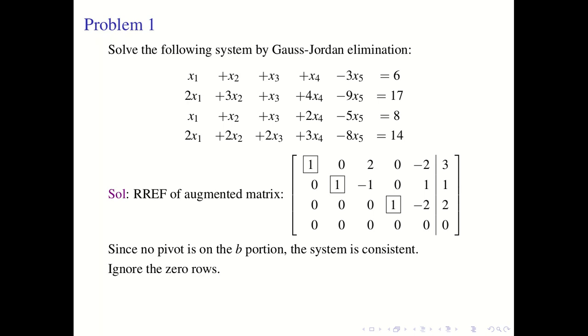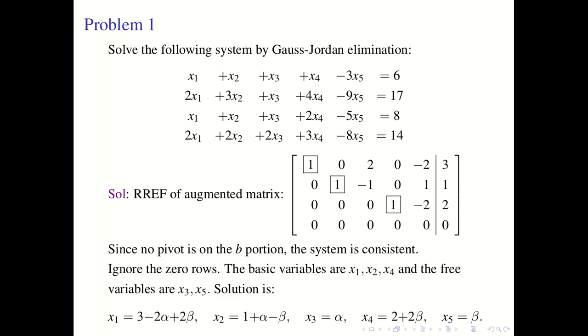And now we put in arbitrary values for the free variables and solve for the basic variables.